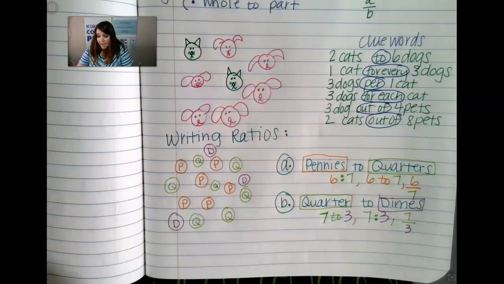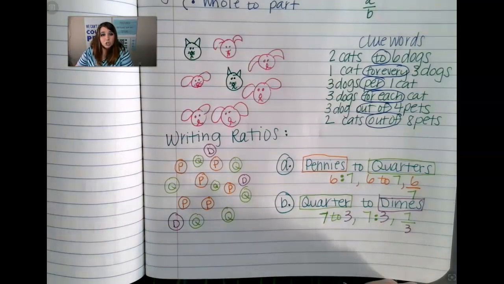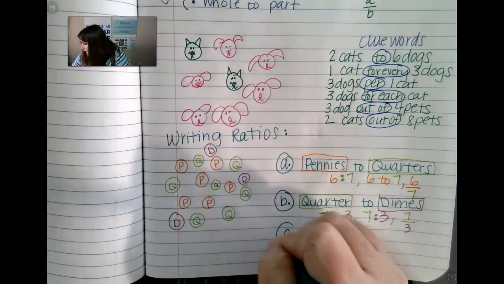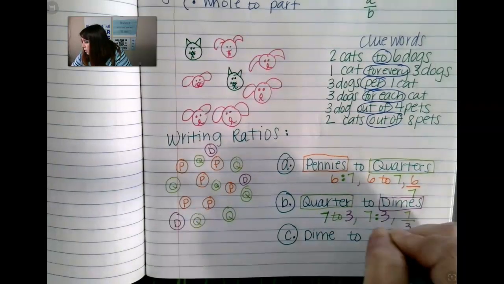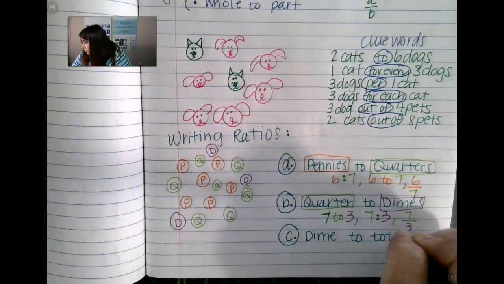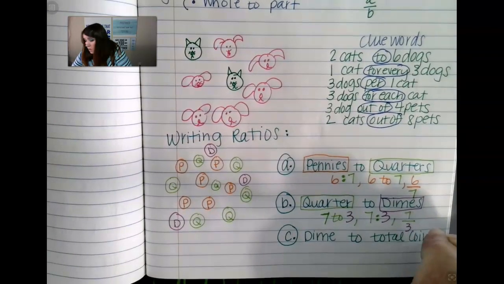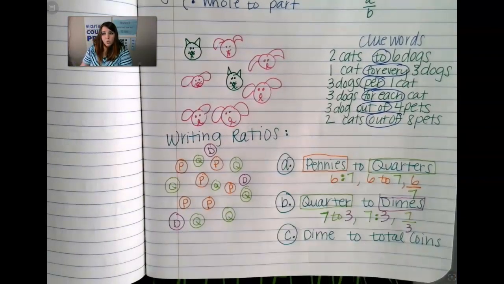Okay, the last example I want to show you is dimes to total coins. So now we're going to look for dimes to the total coins.